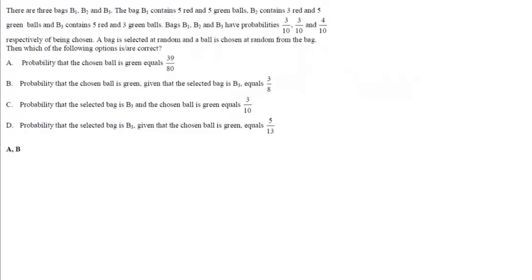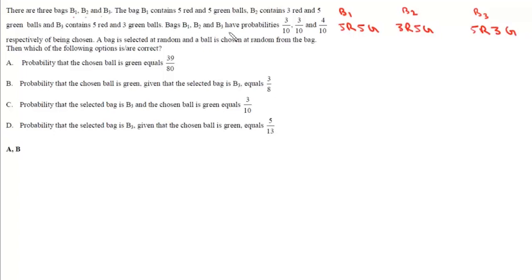Now here the question is, there are 3 bags B1, B2 and B3, and bag B1 contains 5 red and 5 green balls. Bag B2 contains 3 red and 5 green, and bag 3 contains 5 red and 3 green balls.